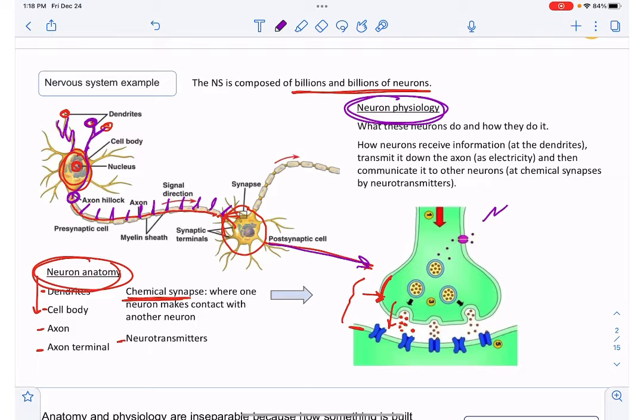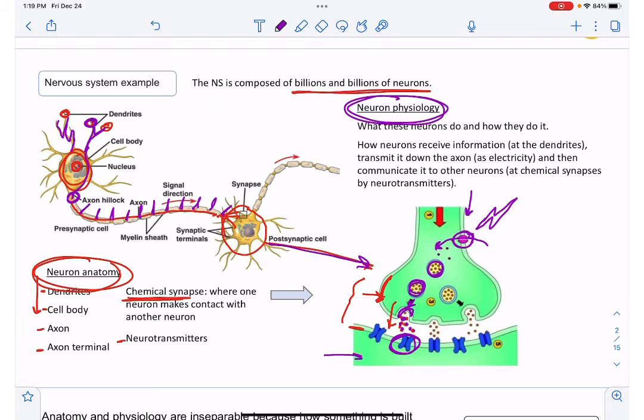Then, when that action potential gets down to the axon terminal, it's going to open these calcium channels. Calcium is going to flood into the cell, and it's going to cause these vesicles, these storage structures that contain neurotransmitters, to fuse to the plasma membrane and release those neurotransmitters across the chemical synapse to act on the neuron below that, what we call the postsynaptic neuron.